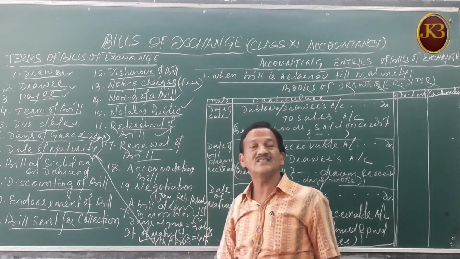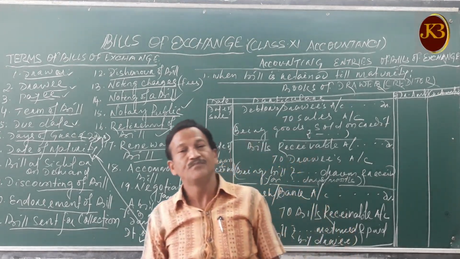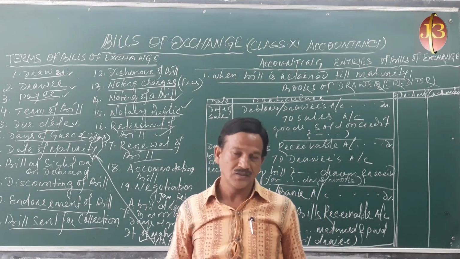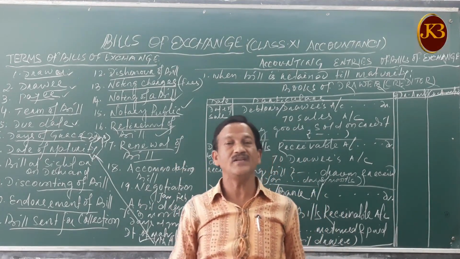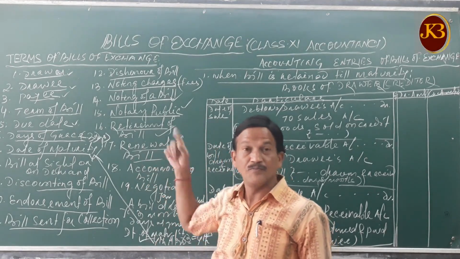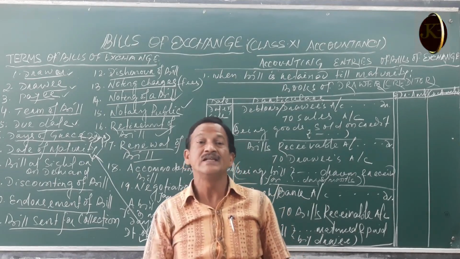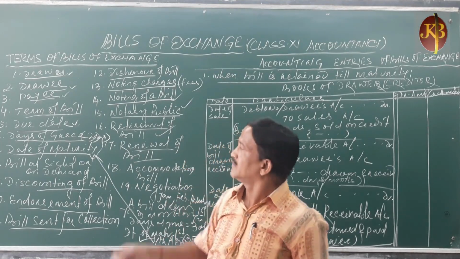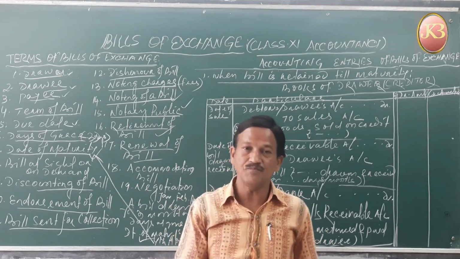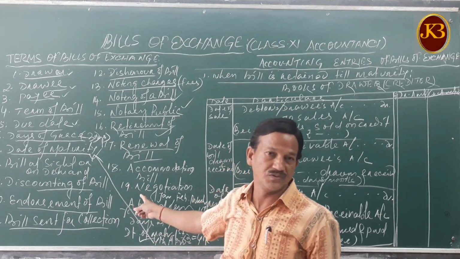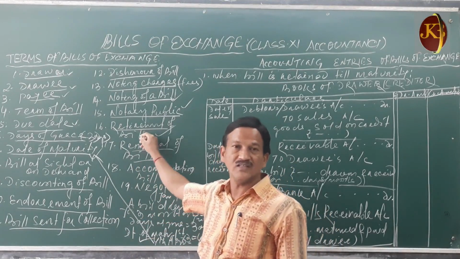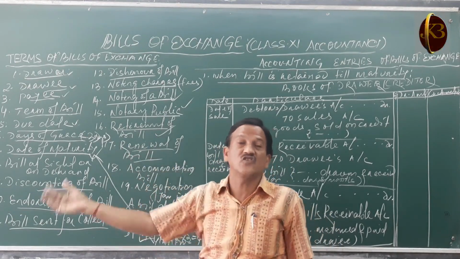Renewal of the bill means when the drawer gets the payment on the date of maturity, the bill is honored. When the drawer does not get the payment on the date of maturity, he makes it a dishonor of the bill. Before the dishonor of the bill, if the drawee requests the drawer, please give me some extra time for the payment of the bill amount, then the old bill is cancelled and a fresh bill is drawn for extension of time.